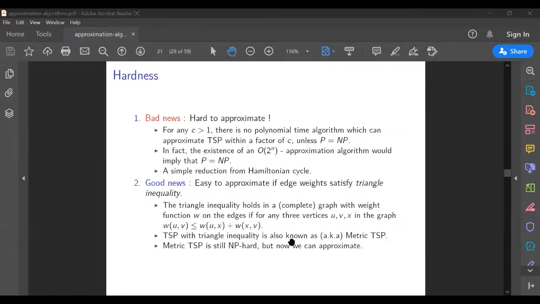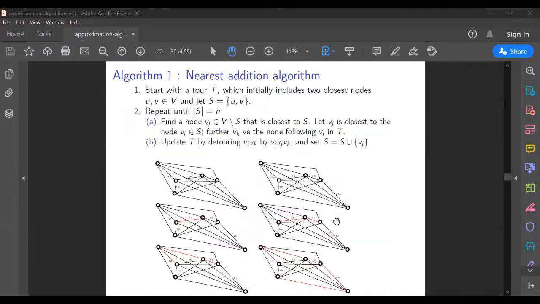So what do we do? How do we go about finding the solution? We use an algorithm called the nearest addition algorithm. Actually, by the end of the algorithm, maybe you will be able to say you know this algorithm already.